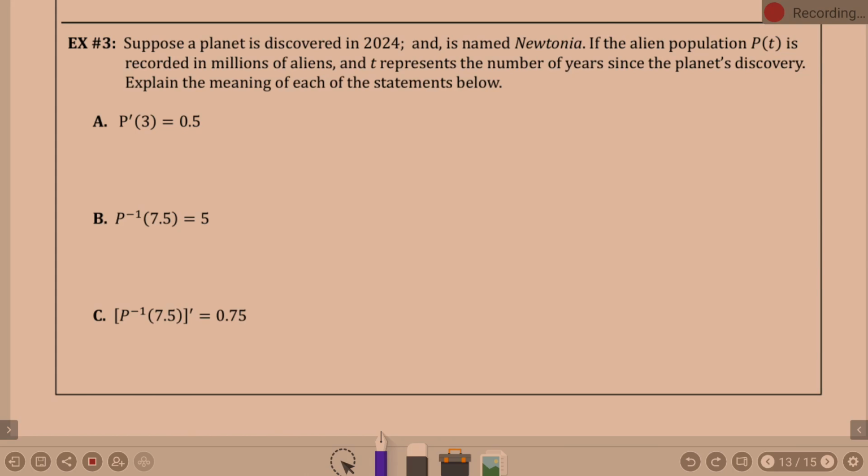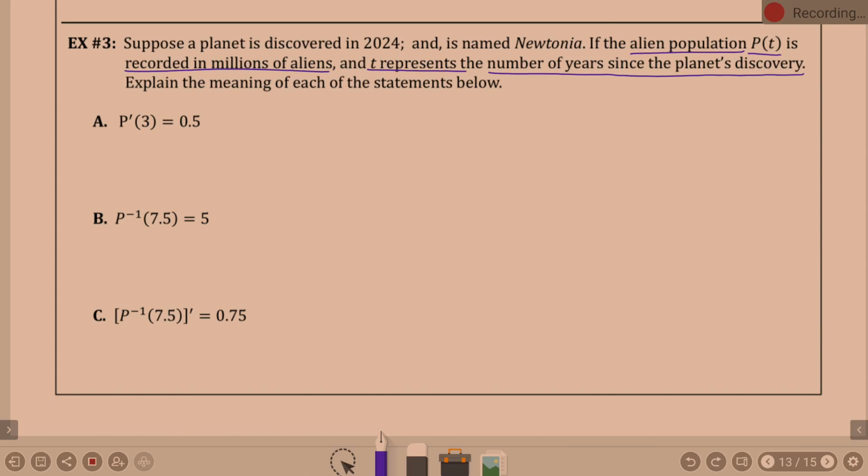Okay, so let's see, what do we know? Alien population, P of T, is recorded how? Millions of aliens. T represents the number of years since the planet's discovery. So, the first one, P prime of 3 equals 0.5.